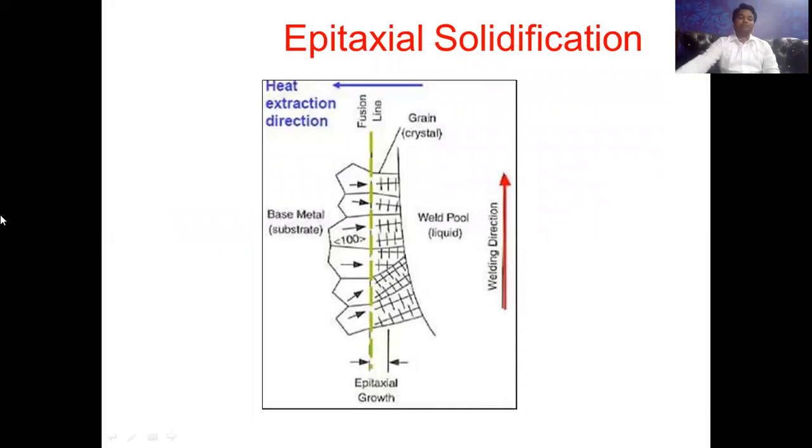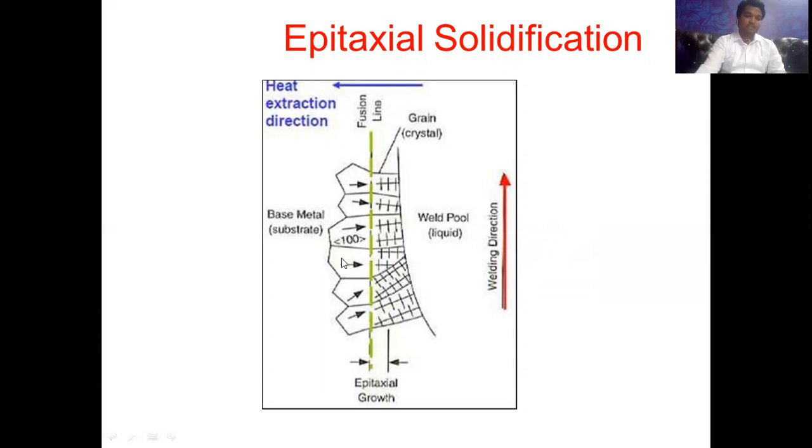So if you want to visualize the solidification of welding, here we have the weld pool, and this is the base metal. Here we have the base metal grain structure.